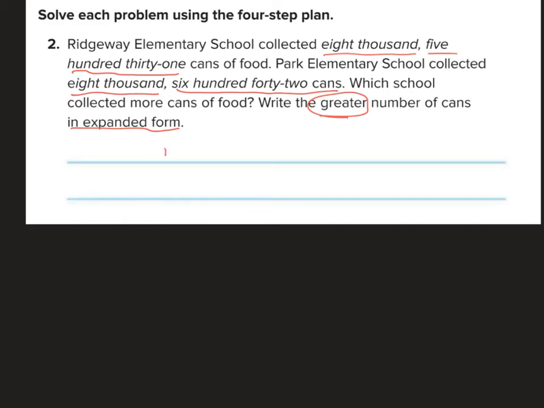So the first thing is, what do we know? So we know Ridgeway, and I'm going to write it in numbers instead of word form because we don't really work with numbers in word form. We just work with them in standard form. So 8,531 cans.